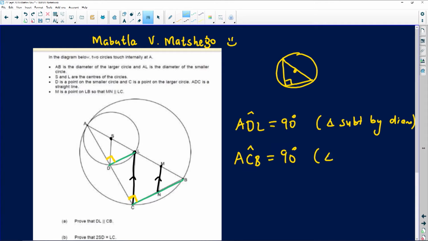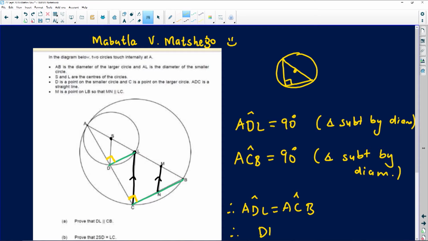Why? For the same reason. It's an angle that is subtended by the bigger diameter because it is in the big circle. Therefore, ADL equals ACB. Therefore, we can conclude that DL is parallel to CB.